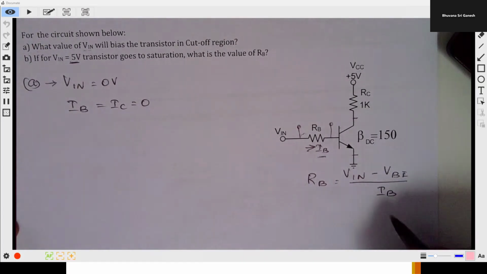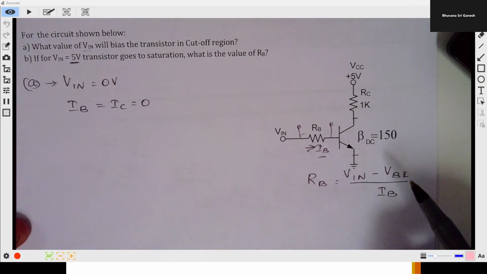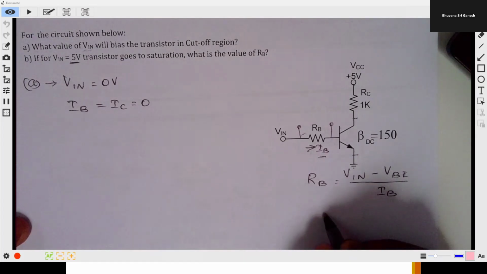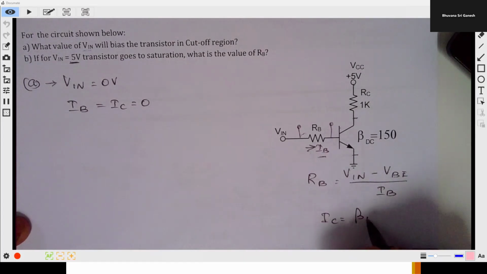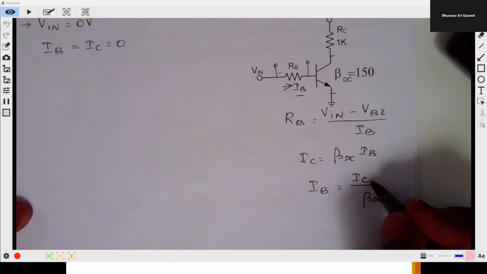Now for finding IB, we need the value of beta DC and IC. IC equals beta DC times IB, so IB equals IC over beta DC. So we need the value of IC.